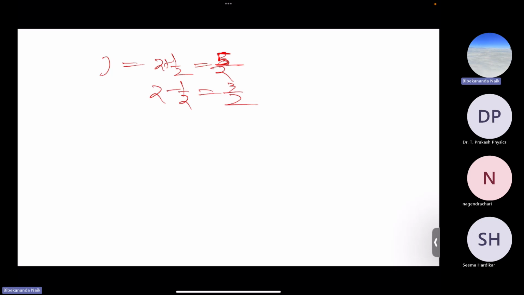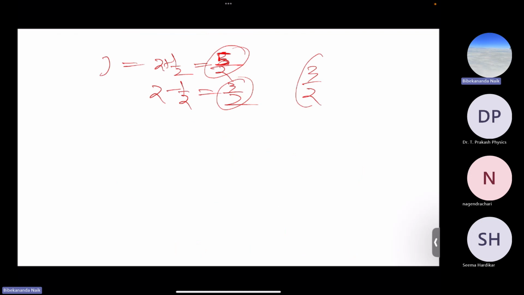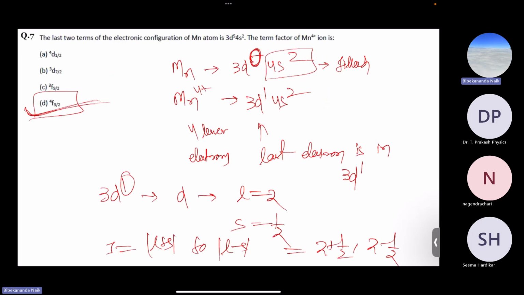So here you see in the options 5/2, 3/2 is available only in option D, which is 4F 3/2. So the correct option here will be 4F 3/2. If you see here it is 3/2, then 2J+1 is 2 into 3/2 plus 1, which is 3 plus 1, 4. So here it is 4F 3/2.